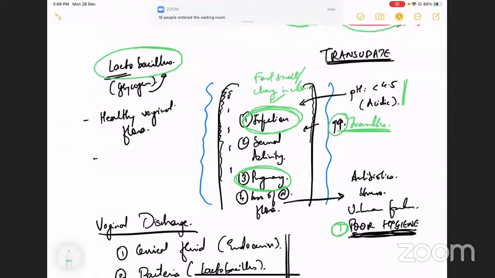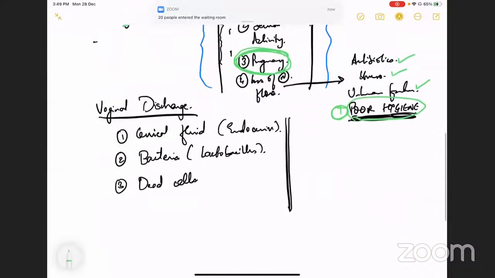The most common condition being poor hygiene, the second common condition being pregnancy, the third most common condition being infections. These three are very, very important. And apart from that, as I mentioned, antibiotic exposure, stress, unknown factors, all of them cause destruction of the lactobacillus, thereby disturbing the healthy vaginal flora and thereby causing an increased vaginal discharge.